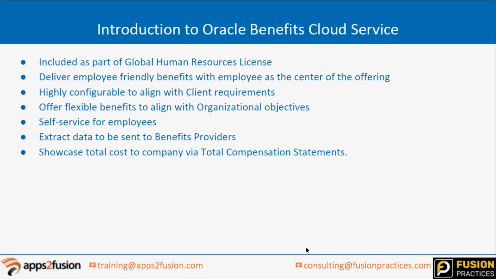Every employer normally tends to give some form of benefits to their employees, right? The main thing is, these benefits are not provided by the employers themselves. They have a third-party organization with whom they have a tie-up, and that organization's benefits are offered to the employees to choose from.